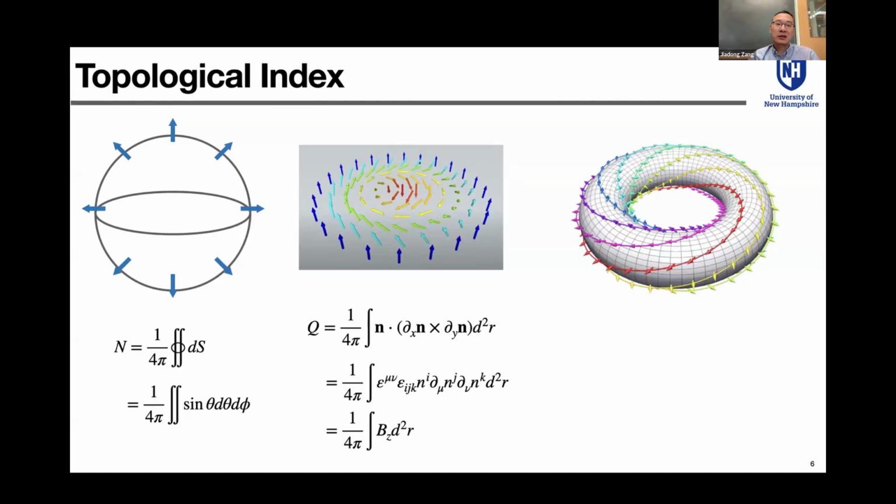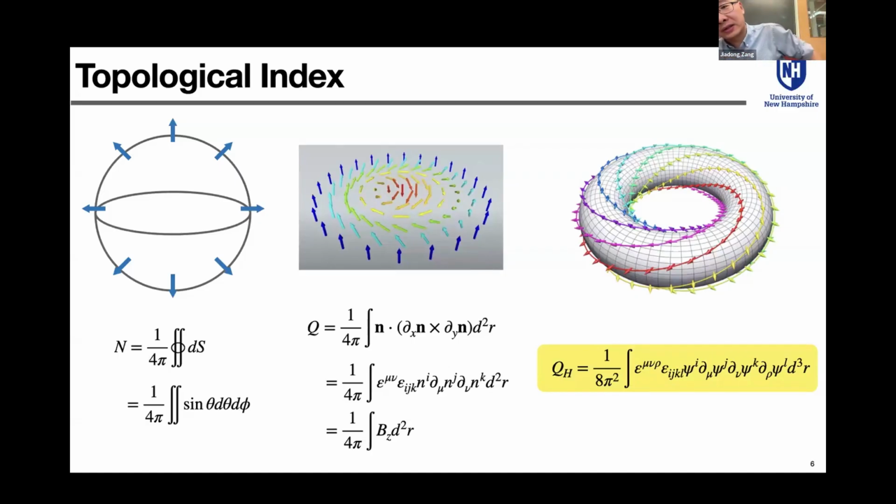So what about the topological index of the Hopfion? What we do is again just generalize what we have for skyrmions. We totally antisymmetrize all the components of psi and totally antisymmetrize all the derivatives. And we can get this topological index.